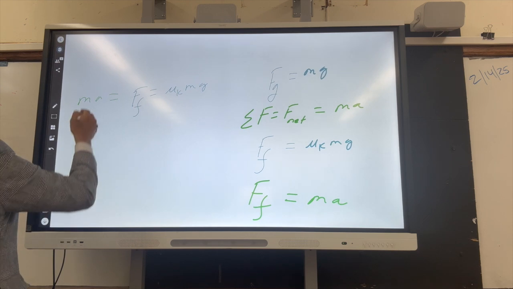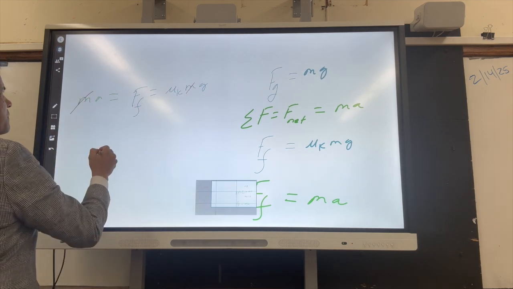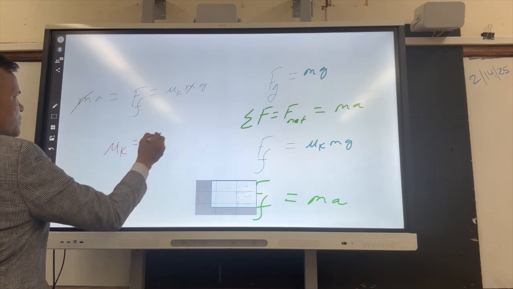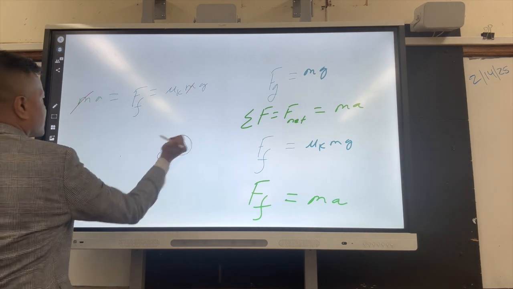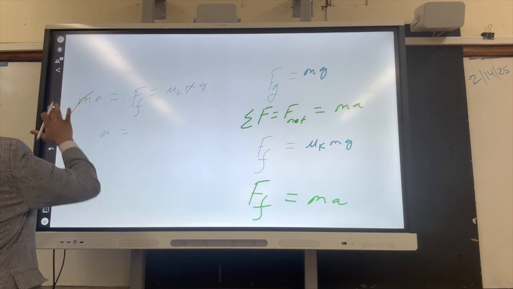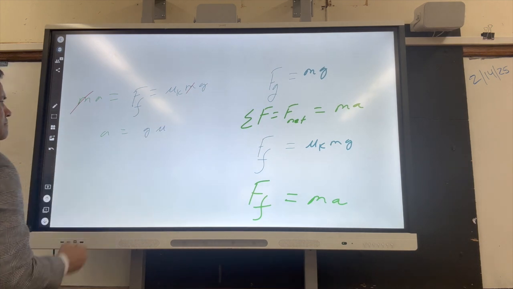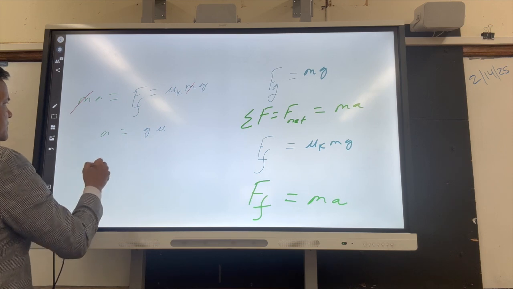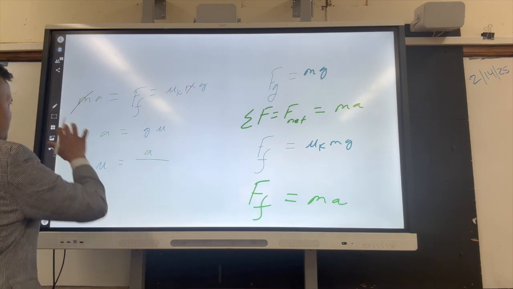What does that mean? And that gives you a big discovery: mu k is equal to a over g. Why is that? Because as you see, a is equal to g mu k, so mu is equal to a over g.